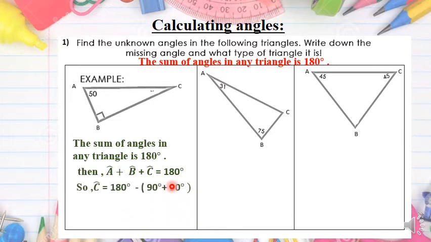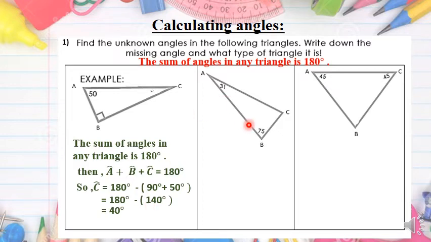So to find the measure of angle C, we subtract from 180 degrees (90 plus 50) degrees. So C is equal to 180 minus 140, which will give me 40 degrees.